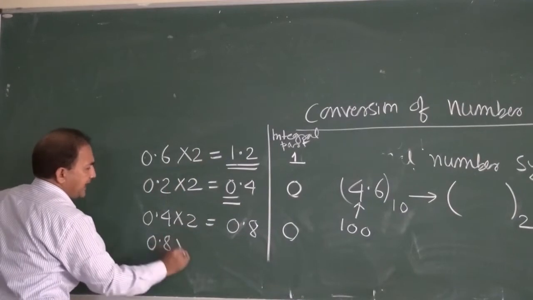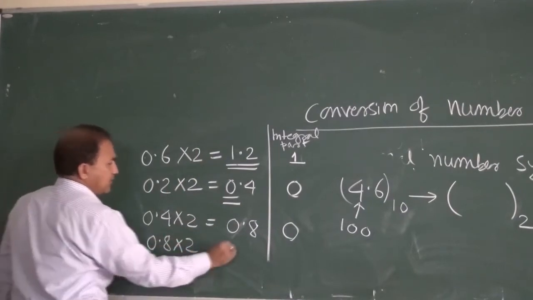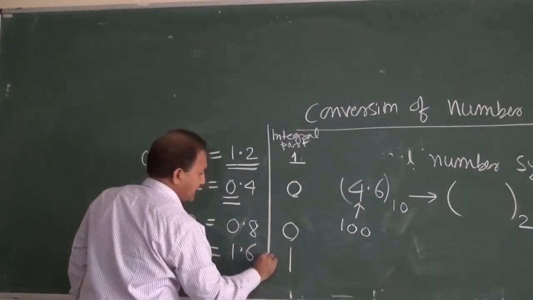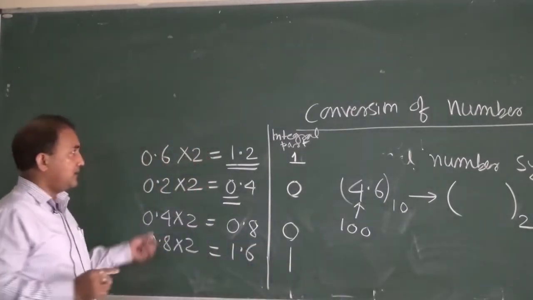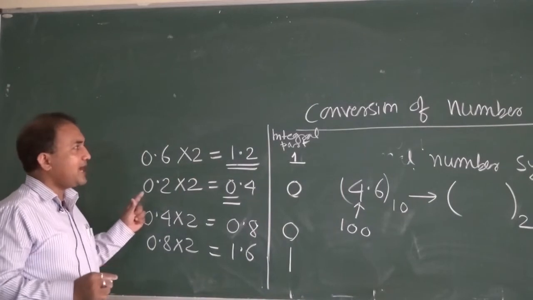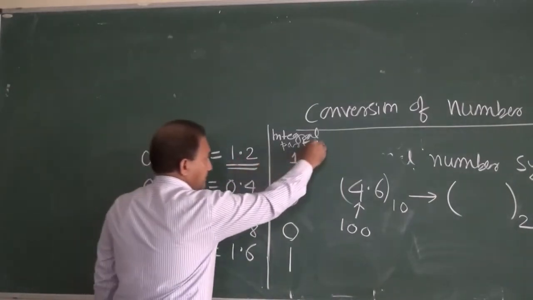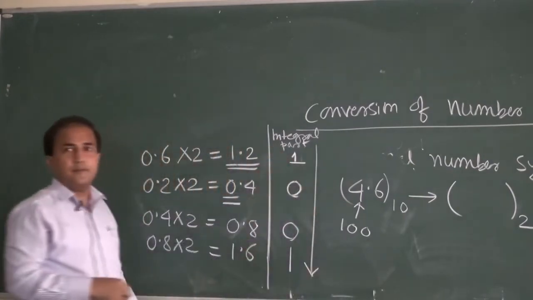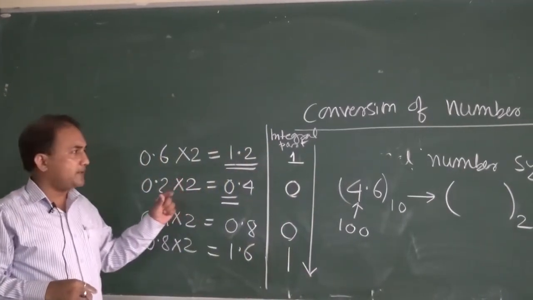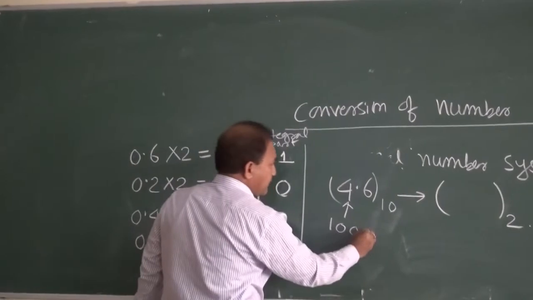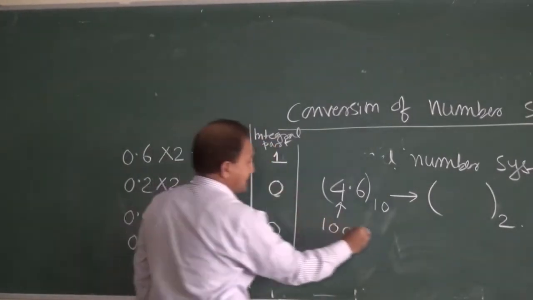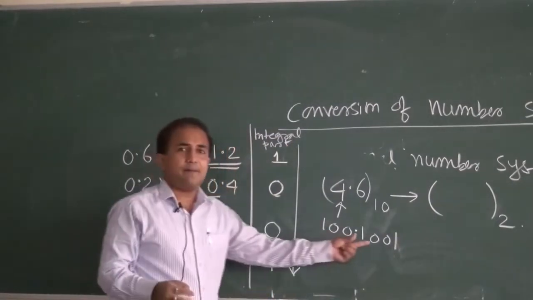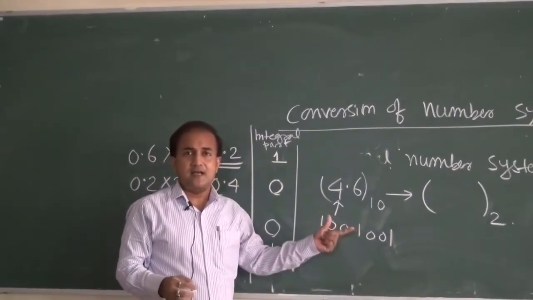Again 0.8 into 2 is equal to 1.6. Again take the integral part. Now for this you have to take the integral parts from top to bottom. So for 0.6, you can write like this: 1001. This is up to 4 decimal places.